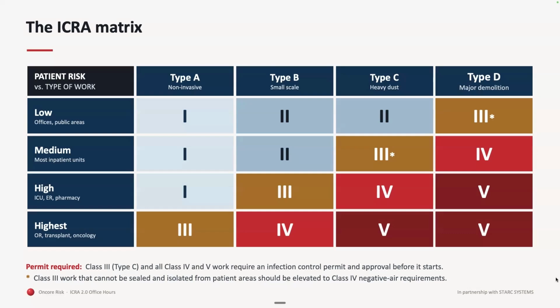The win there was we put this in the guidelines specifically with that asterisk when we're looking at shell spaces. So if you're building out a shell space and you can't totally make it negatively pressurized because it's so large, then you have the option of just not going in and out from the construction area into an occupied space.